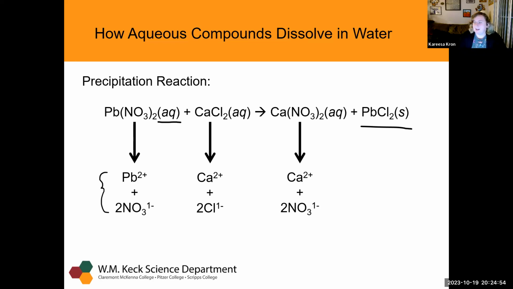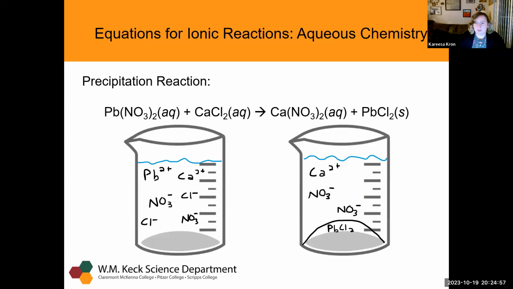And so if we go back to the drawing that I showed you, the precipitation reaction that I've drawn here would actually look more like what I've drawn here in solution, where our lead nitrate has split apart and the ions are traveling separately from each other, even though they were added in some molecular amount.